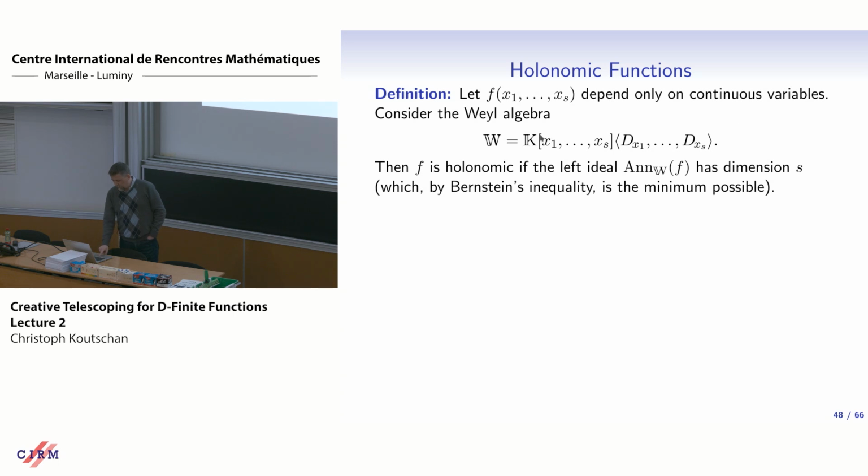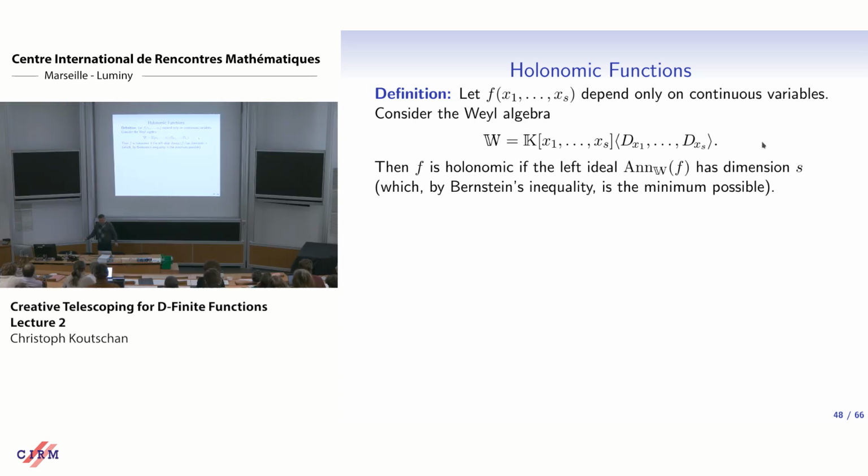So instead of rational functions in the x, we have now polynomials. So in principle, you can see this as a polynomial ring in 2 times s variables. And again, there's, of course, non-commutative multiplication. And you can ask which operators in this Weyl algebra annihilate my function. You get an annihilator with respect to this Weyl algebra.